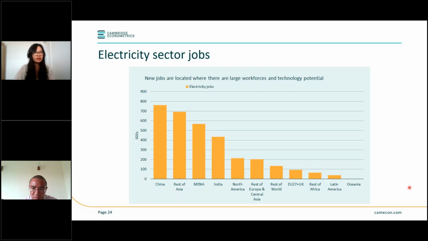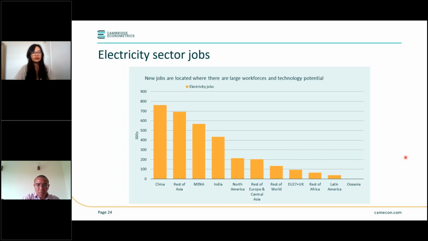Now, if we look at electricity sector jobs more closely, and also look across regions, we can see that first of all it's not uniformly distributed, but also there is a pattern where the regions likely to see the largest absolute increase in jobs by 2050 are those that have quite a large workforce and also high renewable potential, for example, countries in Asia and the Middle East and North Africa.